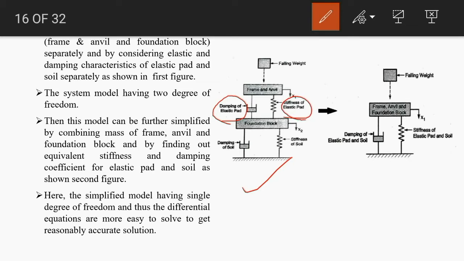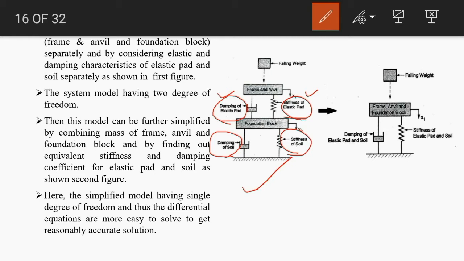This spring element represents the elastic characteristic of the elastic pad, and this damper element represents the damping characteristic of the elastic pad. In the same way for soil, we have also considered the stiffness of soil and damping of soil. So for that purpose, the spring and damper element is used.